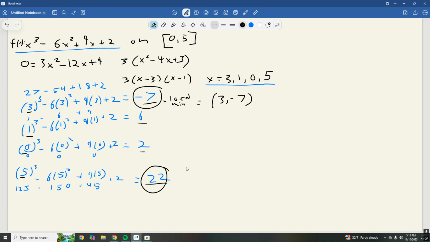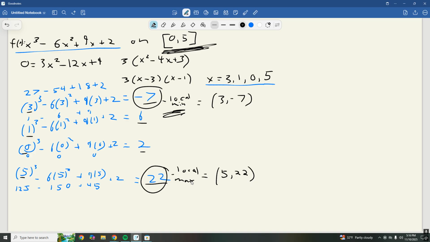That's the point where we have our local min. And then our local max, well, it's the absolute max in this case because these are our only points, but anyway, is going to be 5 at 22.